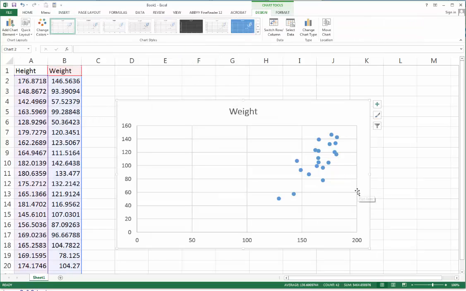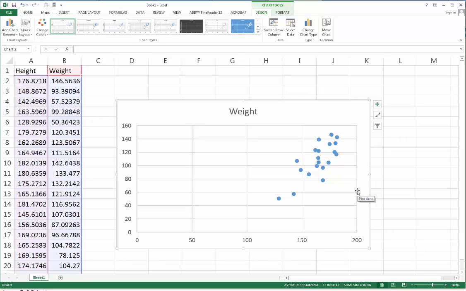And this is the chart, and you can see in this case that a person who is about 130 centimeters high weighs something like 52 kilos, and there are observations where a person which is about 180 centimeters high weighs about 145 kilos.